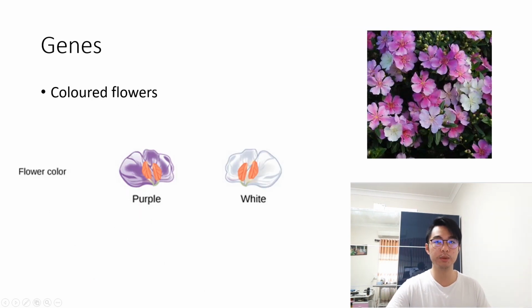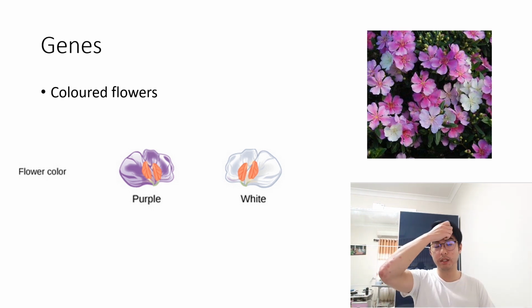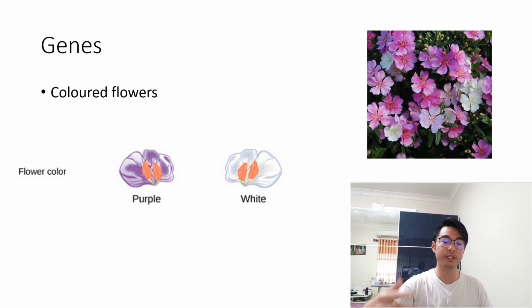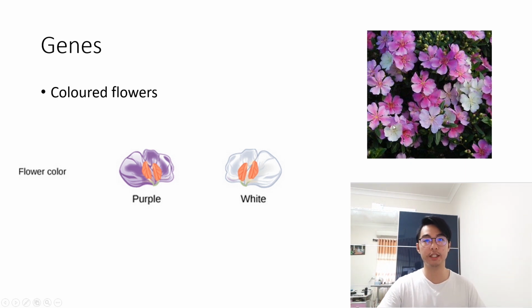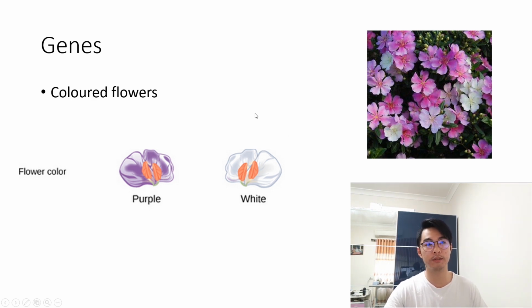In some plants, the color of petals is an expression of just one gene that they inherit from their parents. Okay, for example, in these plants here, you can see that there's a purple flower and there's a white flower. Now, these plants would have probably inherited one gene from their parent, and it's being expressed through their physical appearance as either purple or white.